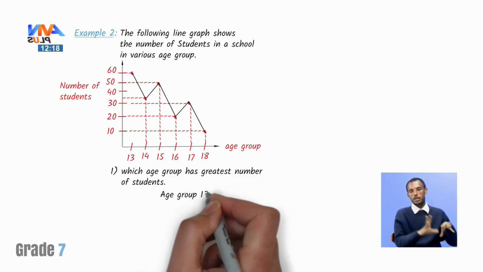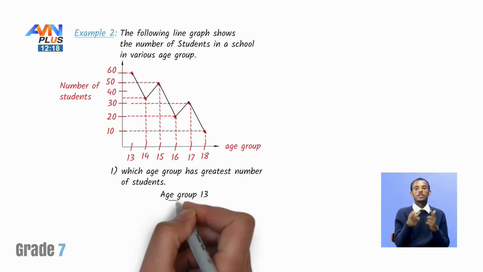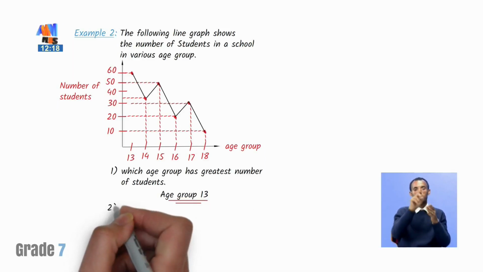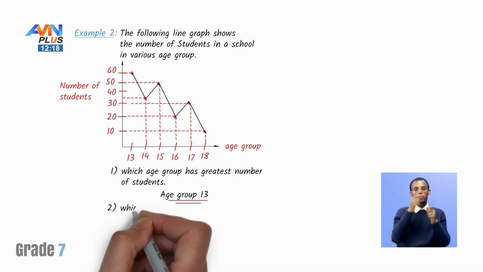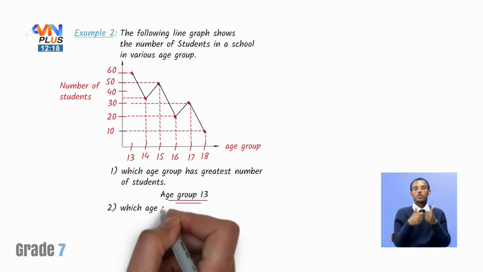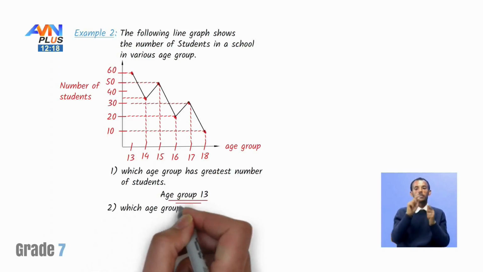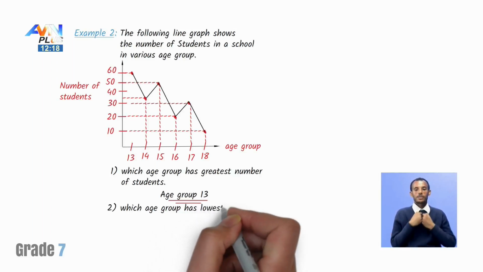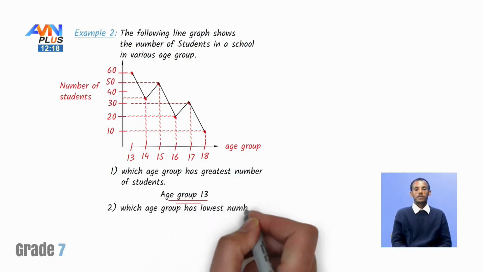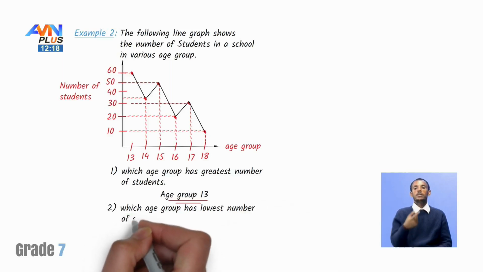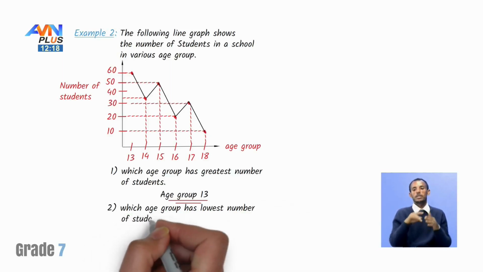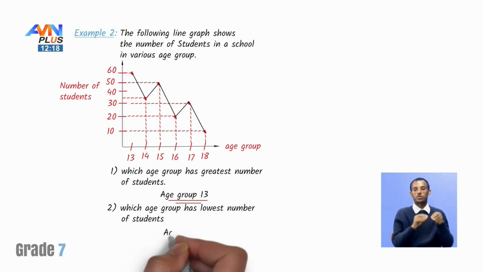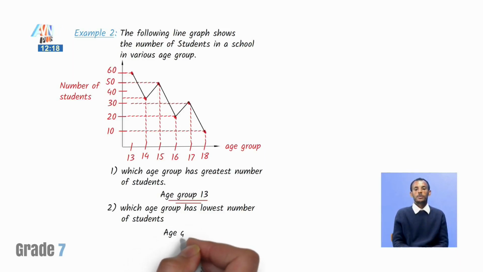Now, let's see the second question. This is for you. Try this one. Which age group has the smallest number of students, or least number of students?